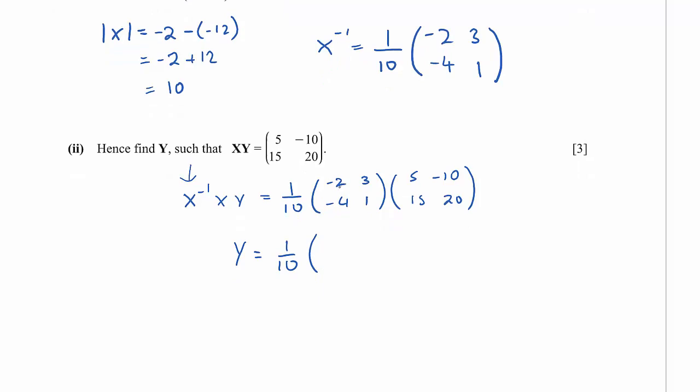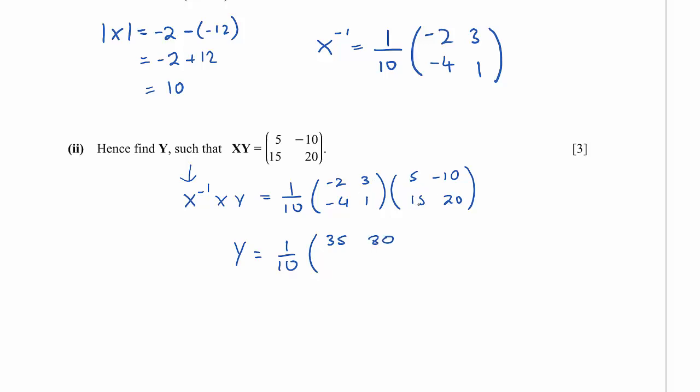So what are we going to get? We're going to get negative 2 times 5, negative 10, add 45, is 35. And then we're going to get 20 add 60, which is 80.